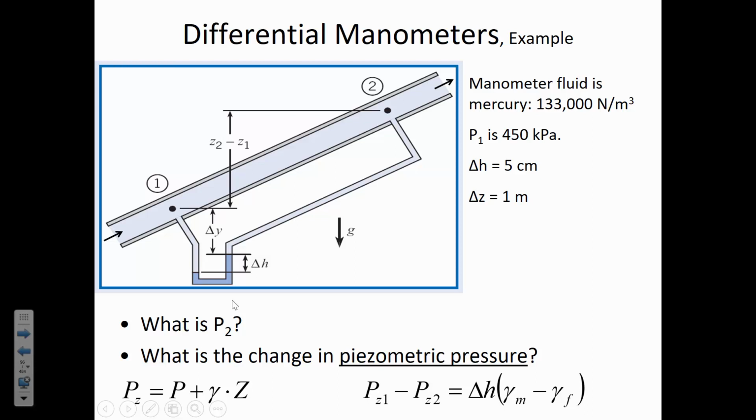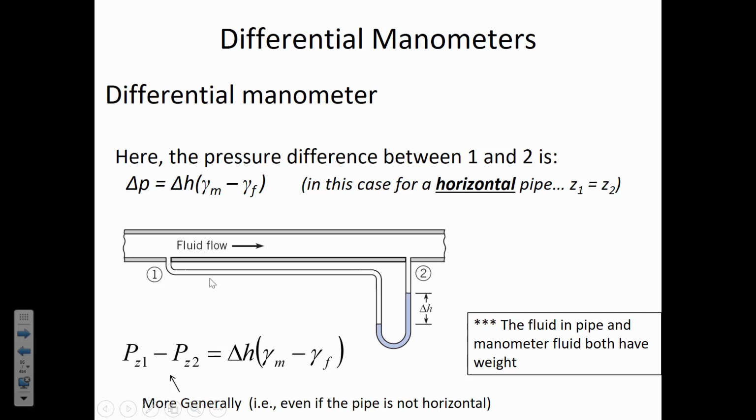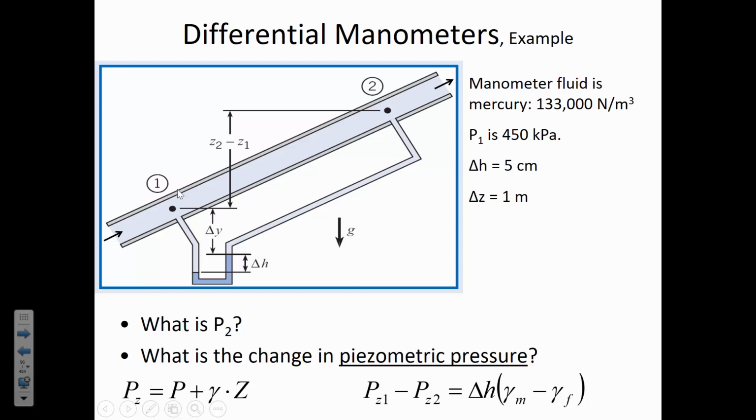Here's an inclined pipe. And this inclined pipe is similar to the other one. There's a location 1 and a location 2. And I've numbered them so that location 1 is upstream and the water is flowing towards location 2. The pressure at 1 and 2 is different inside the pipe.